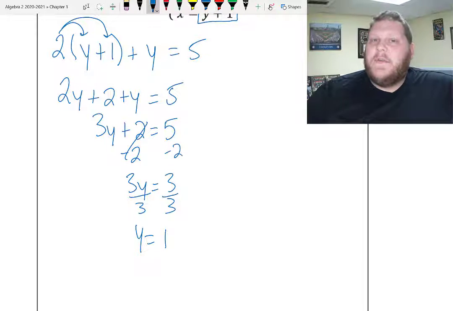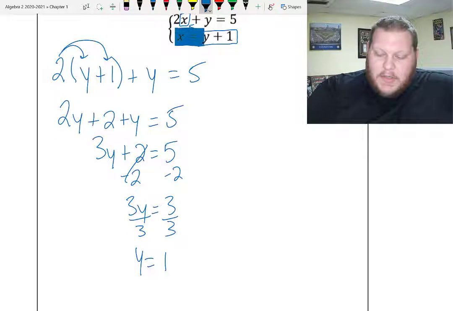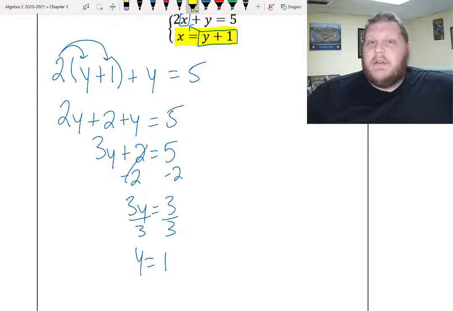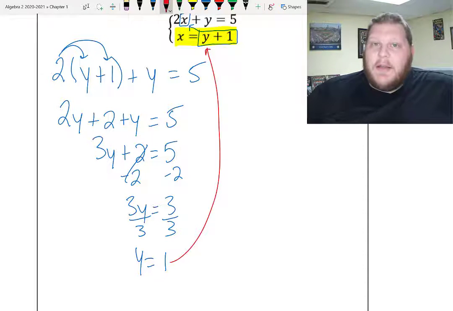Once you have that first variable, then you just go back to one of your original two equations to plug it in to find that other variable. The nice thing about substitution here is if I go back to this top equation here that I originally used for substitution, then I can plug that y value in there and get my x pretty quickly. So if I do that, I'm just going to take this 1, plug it back in there.